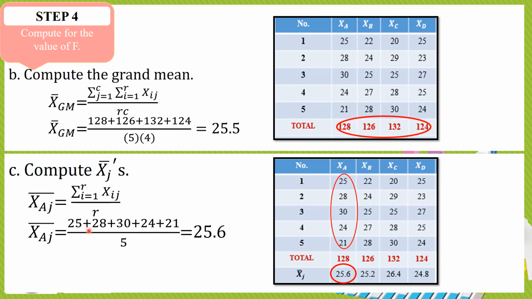To find first our x bar sub a, we will simply add 25, 28, 30, 24, and 21 and divide it by 5. So the answer is equal to 25.6. The same process will be done to obtain 25.2 for x sub b, 26.4 for c, and 24.8 for d.